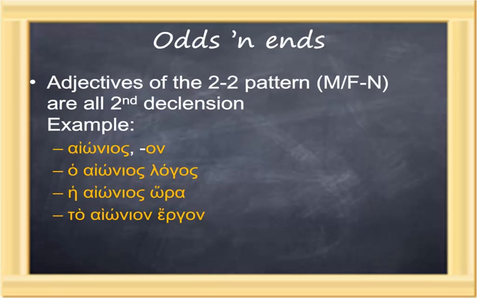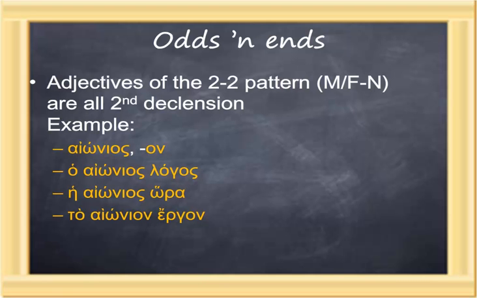Second, odds and ends. Some adjectives of the first and second declension only show the second declension pattern. They're called 2-2 adjectives. Masculine and feminine look like the second declension masculine, and neuter looks like the second declension neuter. They're all second declension. It'll show up in your vocabulary list as aionios on. Notice there's no feminine form.